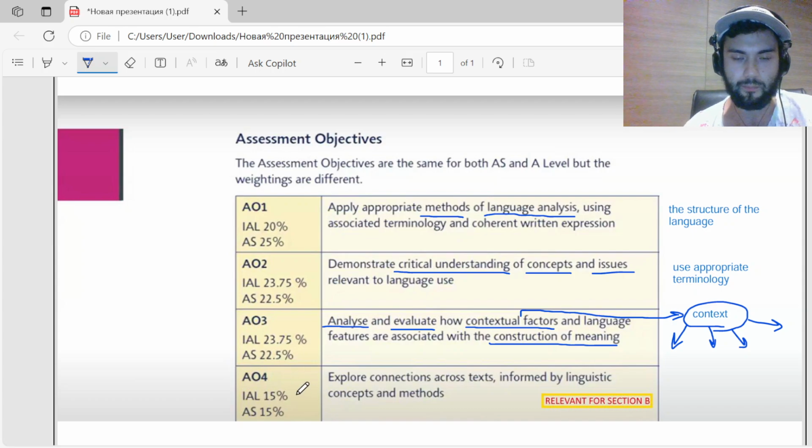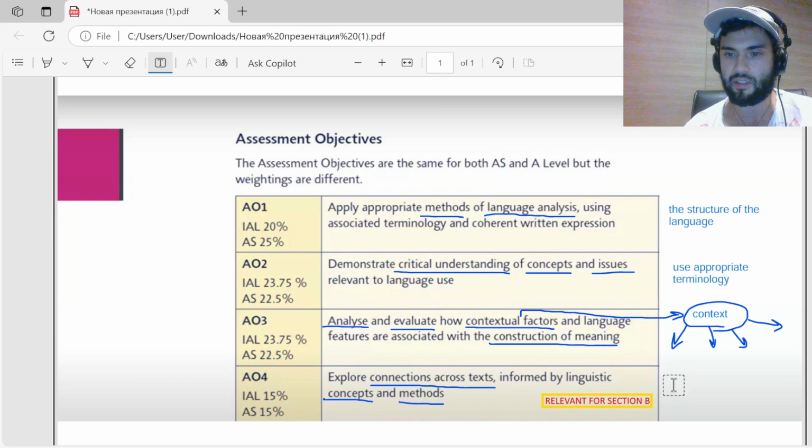And the fourth assessment objective, which is the last one for Unit 4, but only relevant for Section B, which is a generic essay. For those who have forgotten, it is explore connections across texts informed by linguistic concepts and methods. First of all, connections across the texts, and also have concepts and methods.